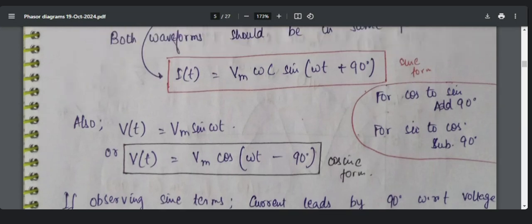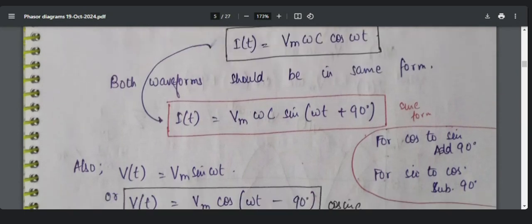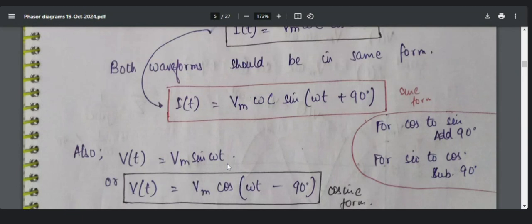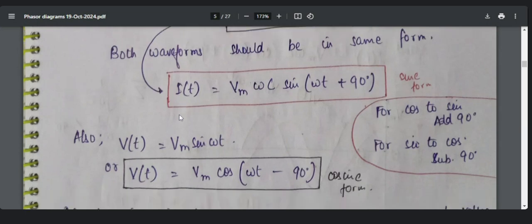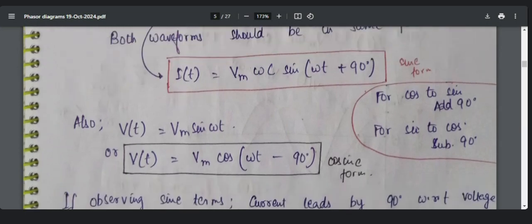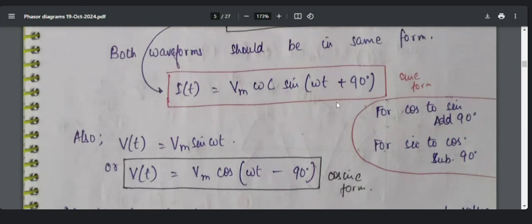Here it is Vm sin omega t, and here it is Vm omega C sine of omega t plus 90 degree. So if we are considering v(t) in terms of sine and i(t) in terms of sine, then we could clearly observe that current is leading by 90 degree with respect to voltage. Am I clear?